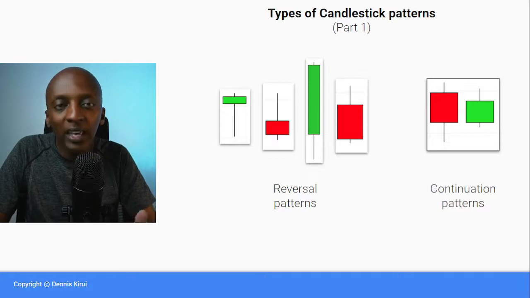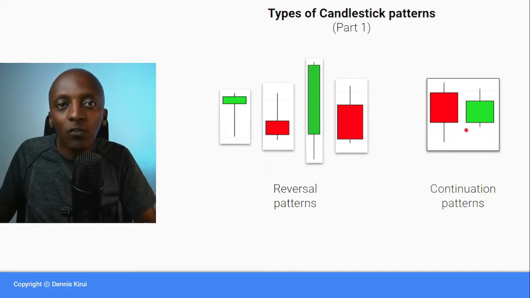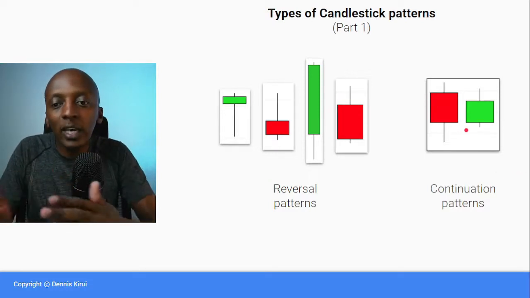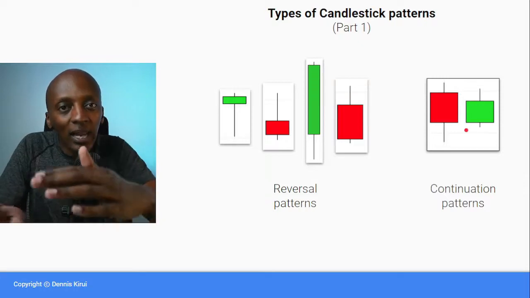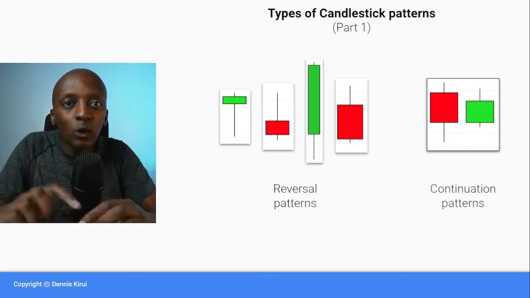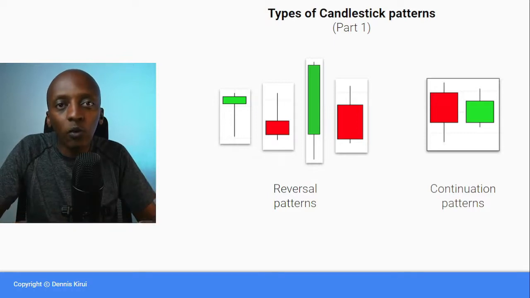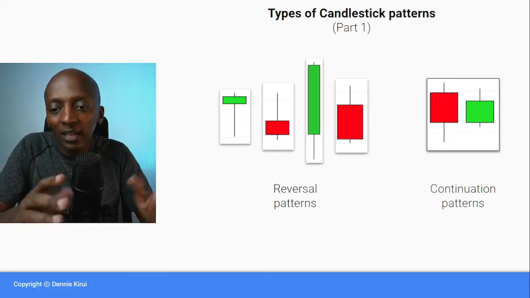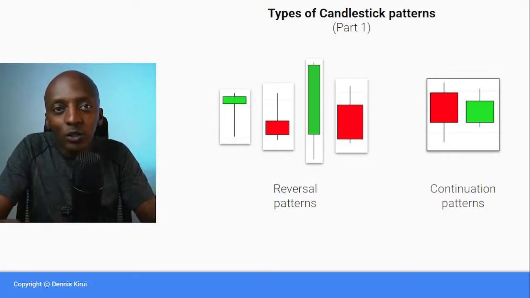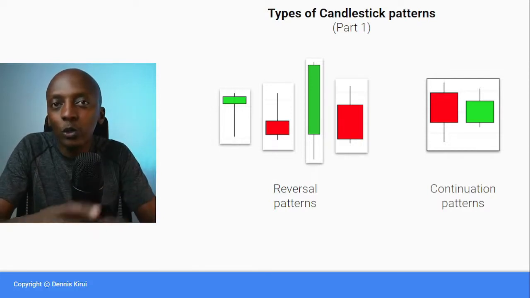So if this pattern forms when the market is going up, it usually means the market has paused for a while and that trend is likely to continue based on how it was before. And if it forms when the market is going down, it usually indicates that the downtrend has paused and is likely to continue.